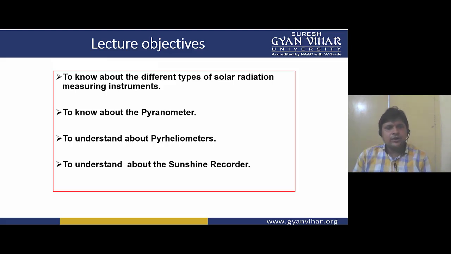Then we will understand the pyrheliometer, the second measuring instrument, and lastly the sunshine recorder. This is the pattern we are going to follow, and these are our lecture objectives. Now let's move into today's lecture.